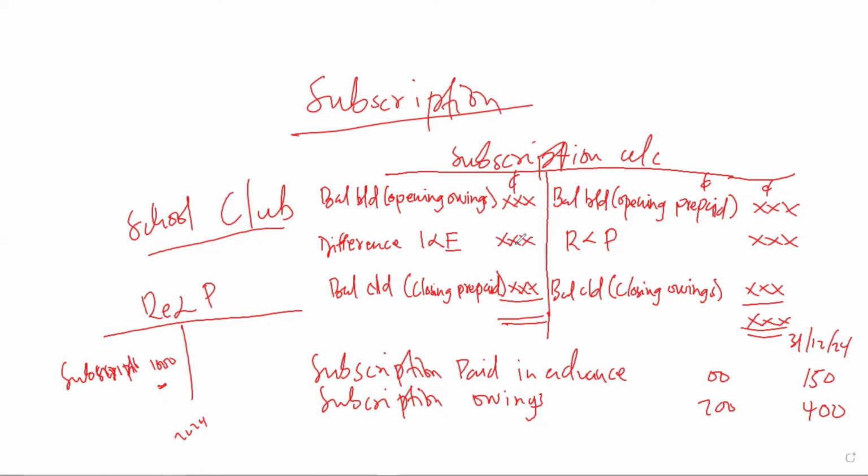So when you are writing your income and you are writing subscription, which is another income for the organization, it is that difference that you are going to write for that particular year as subscription, not the amount that has been received in the receipt and payment account.